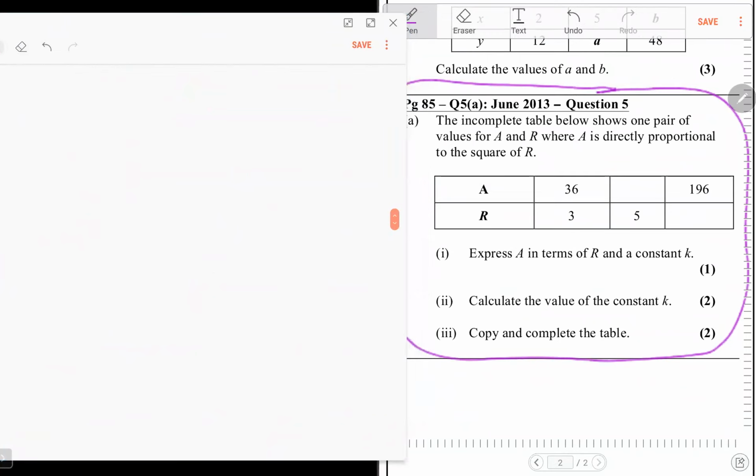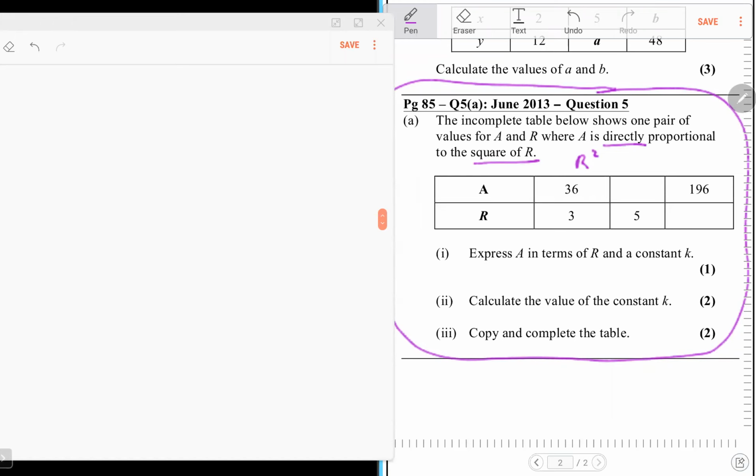All right. So this question says the incomplete table below shows one pair of A and R, where A is directly proportional to the square of R. The keyword is directly. The square of R is R squared, that's what the square of R means.